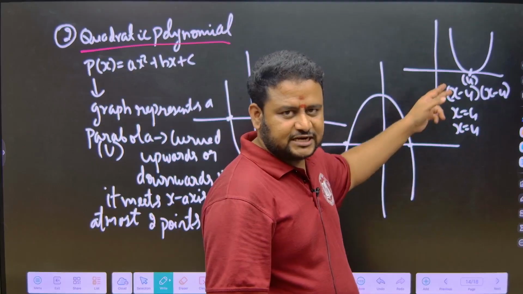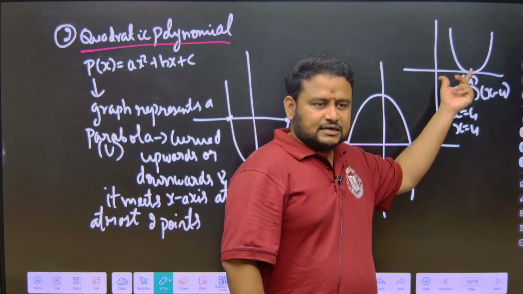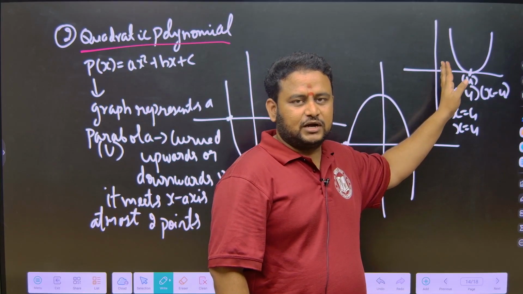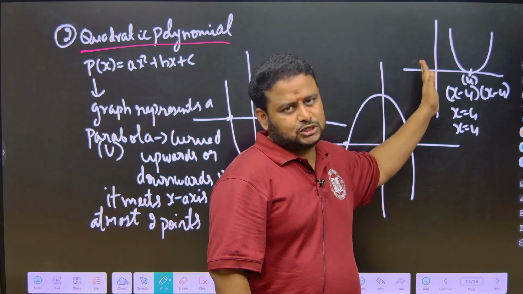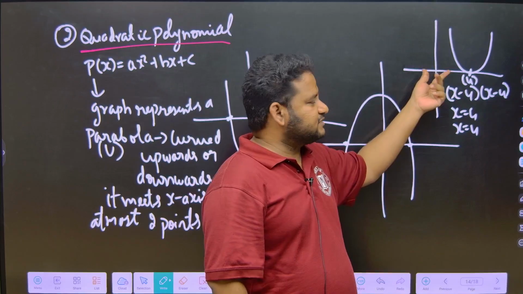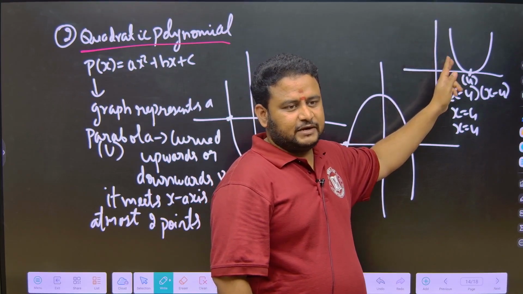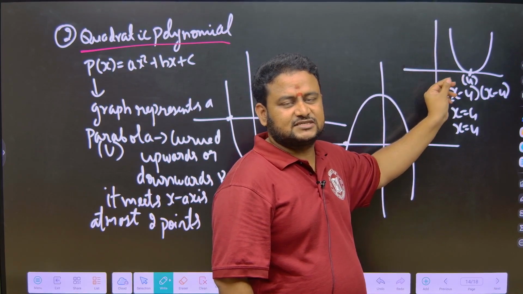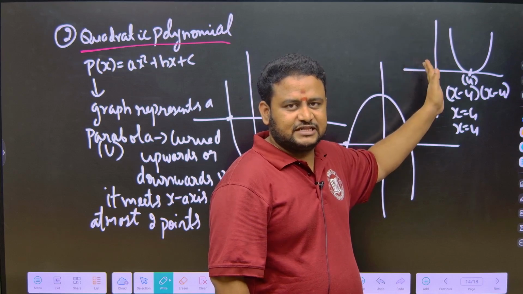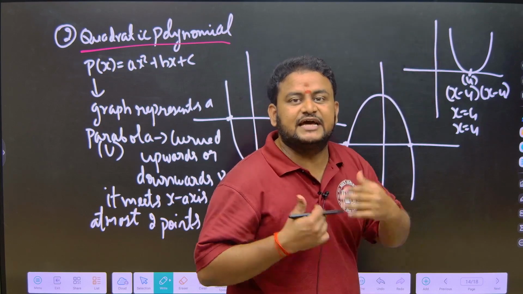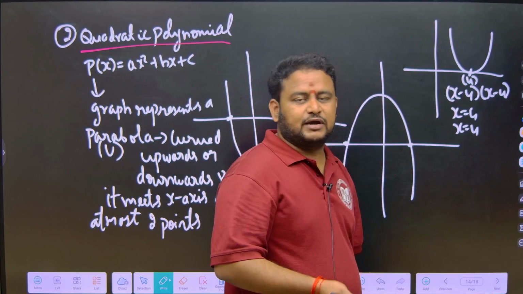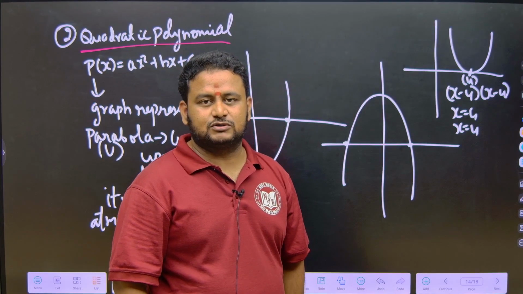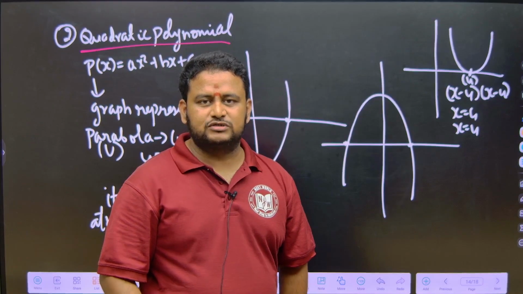At that time the curve will meet the x axis at only 1 point, but here the zeros are 2. Here the degree will also be 2, and the zeros will also be 2, but it is meeting the x axis at only 1 point. At that time we say that the zeros are 2 and they are equal. This we will learn even in quadratic equations: b square minus 4ac equal to 0. That time you will get real roots and also equal roots.